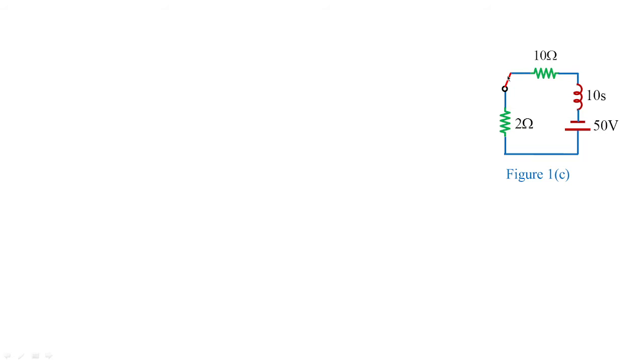Now the switch is moved to position B, and this is how the circuit looks. In the Laplace transform approach, the resistor's behavior is not going to change, whereas the inductor, which is 10 henry, will be equivalent to 10s, and L times i(0 minus), where L is the inductor value, which is 10, and i(0) value is 5.